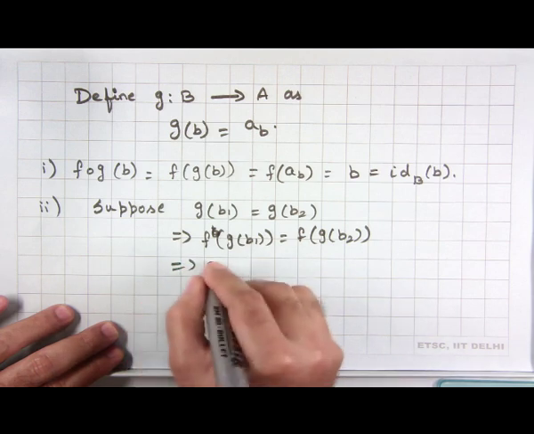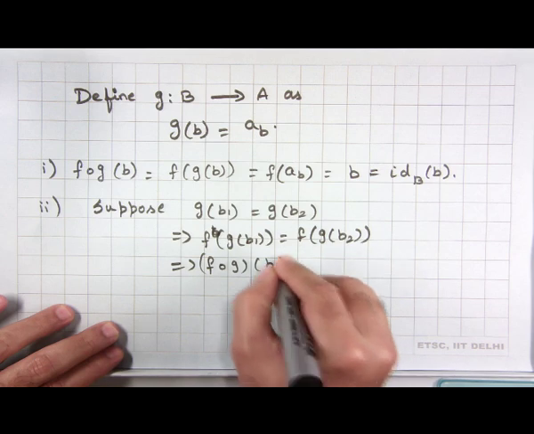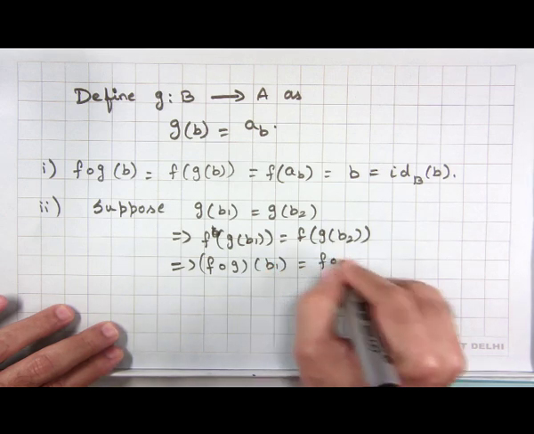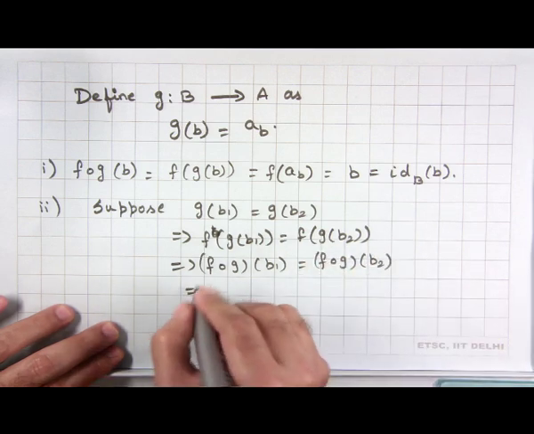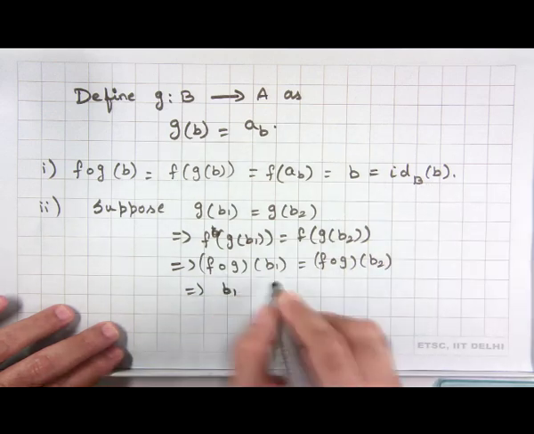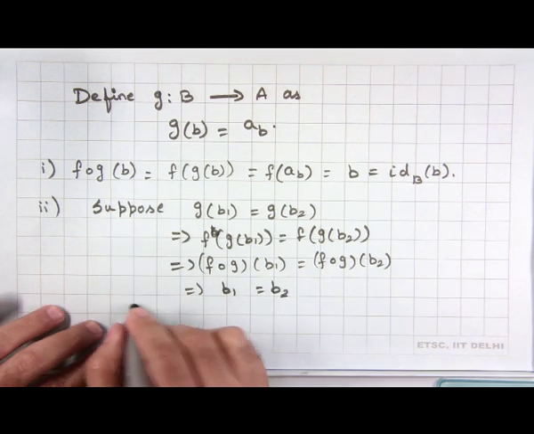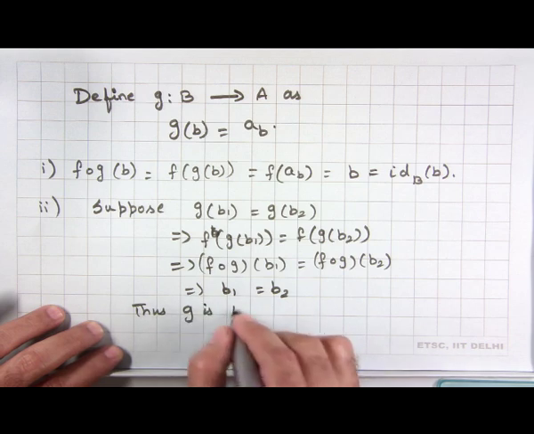That will imply f composed with g at b1 equal to f composed with g at b2. But f composed with g is the identity function, therefore b1 equal to b2. Thus g is 1-1.